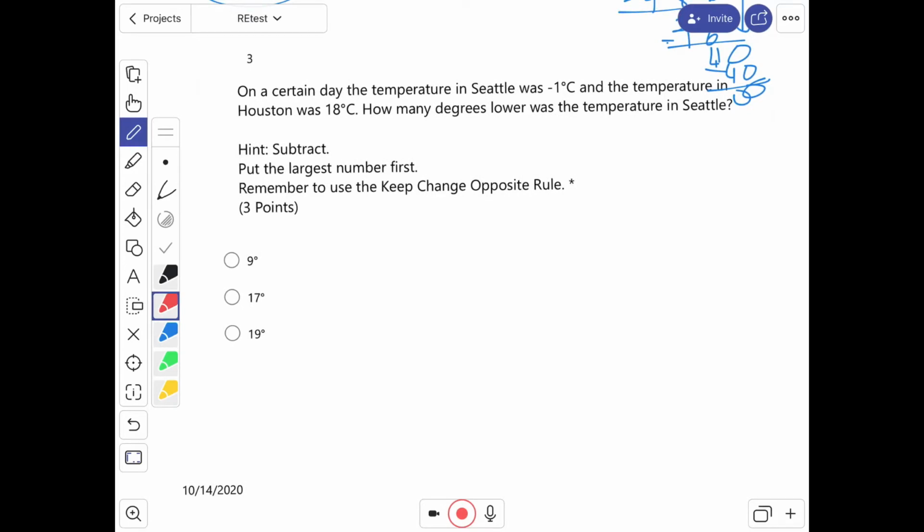Number 3. On a certain day, the temperature in Seattle was -1 degree Celsius, and the temperature in Houston was 18 degrees Celsius. How many degrees lower was the temperature in Seattle? So we are subtracting. When we subtract, we usually put the big number first and the little number second.